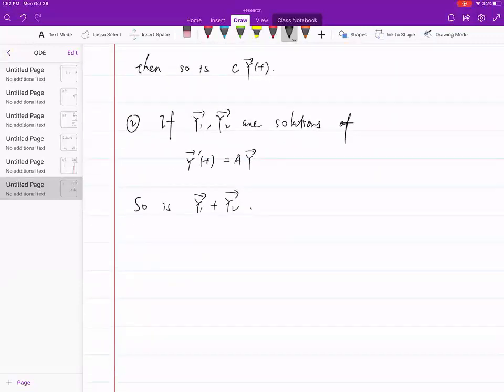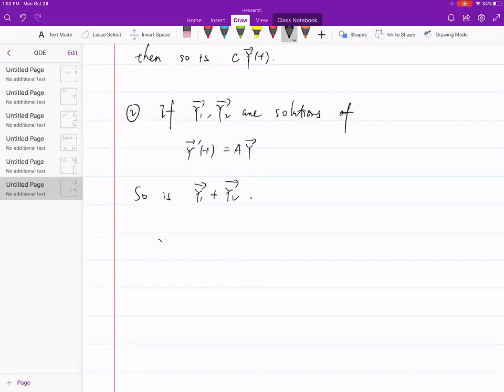Okay, it's very easy to verify. For example, for the second one, if y1 satisfies this, and y2 satisfies this, you simply add the two.